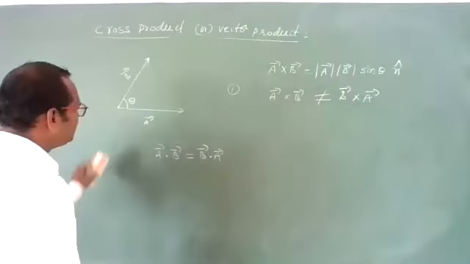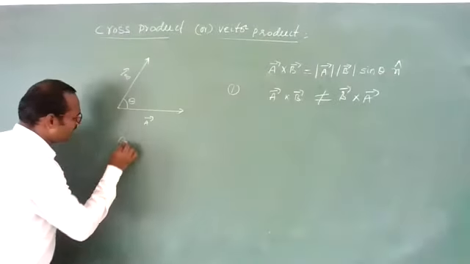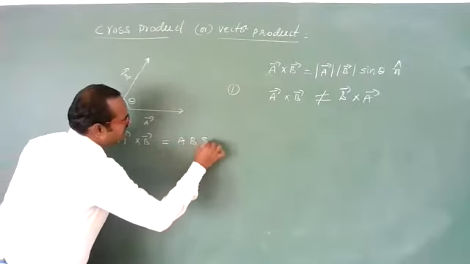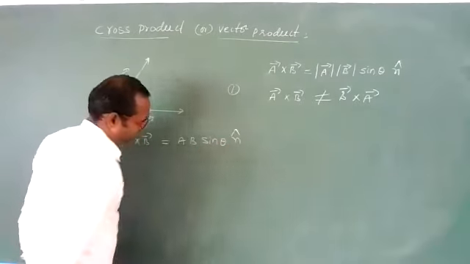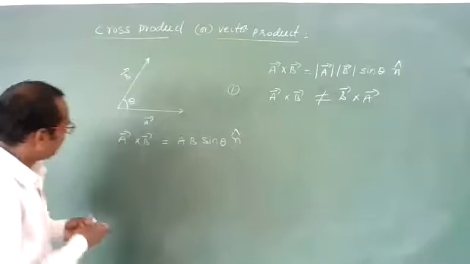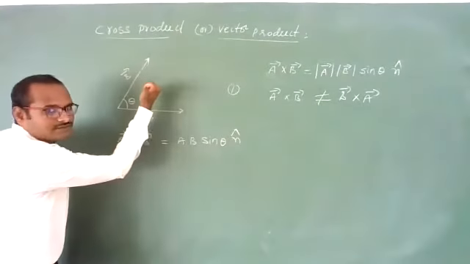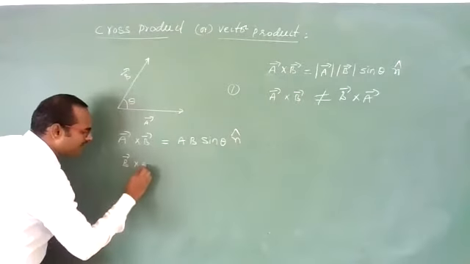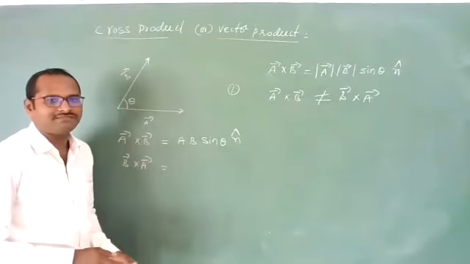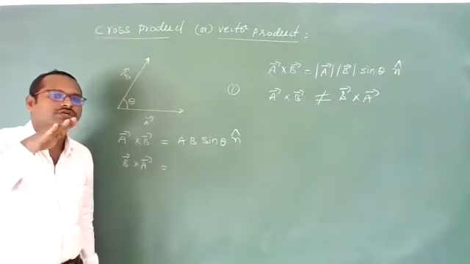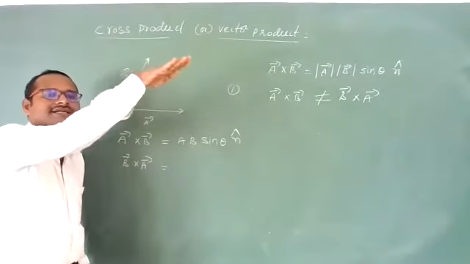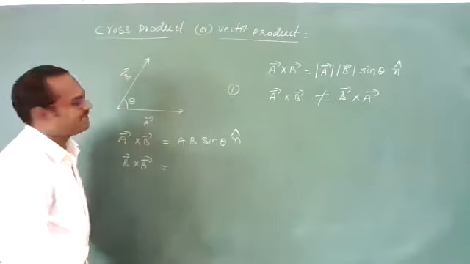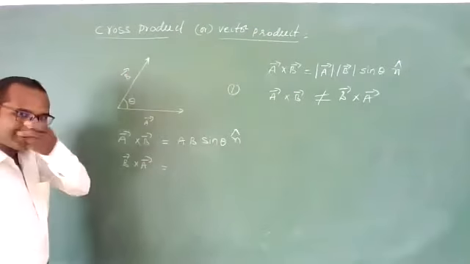Why, sir? See, here you can see. If you do A bar cross B bar, you will get AB sine theta n cap, in this direction. But if you do B bar cross A bar, what I have to do is keep my hand towards the first vector and curl my fingers in the direction of the second vector. So B bar cross A bar I want.